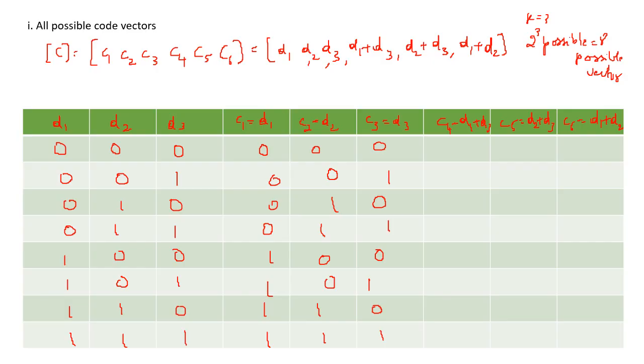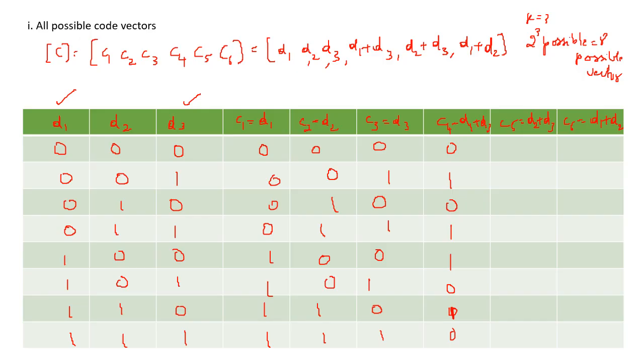Next we have to write D1 plus D3, that is, we add D1 and D3 and fill this column. So 0 plus 0 is 0, 0 plus 1 is 1, 0 plus 0 is 0, 0 plus 1 is 1, 1 plus 0 is 1, 1 plus 1 is 0, 1 plus 0 is 1, 1 plus 1 is 0.